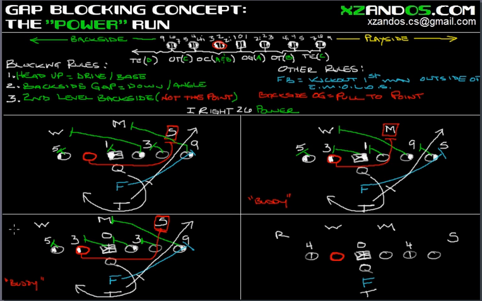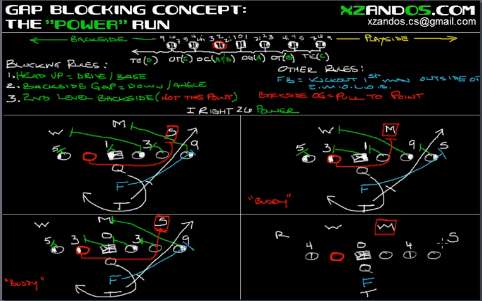Let's get into the last diagram. And the reason why I spent so much time on the diagram is because I felt it important to show you how the rules work against any defense as long as your rules are solid. I'm going to count Mike as the point.